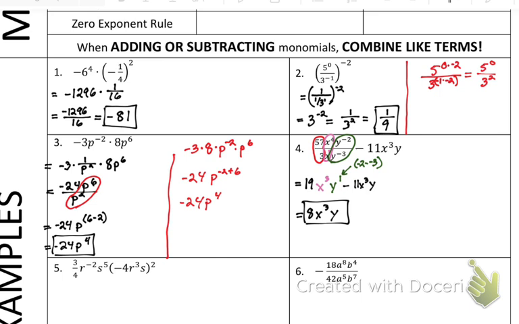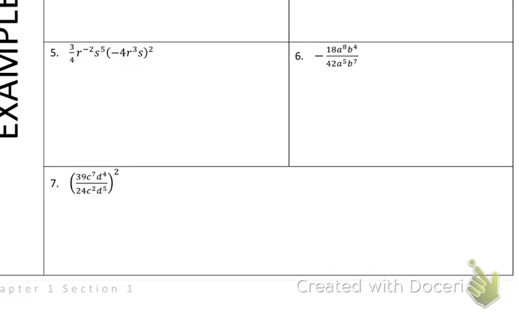All right. So that very last one, probably the toughest of the bunch because you had a lot of stuff going on here. Now, we have lots of stuff we could do. You could distribute this 2 to everything. What I'm going to do is probably stuff in the parenthesis first. Actually, this really isn't the hardest one. But anyway, what I would tackle is let's keep that parenthesis around and let's look at this 39 over 24.